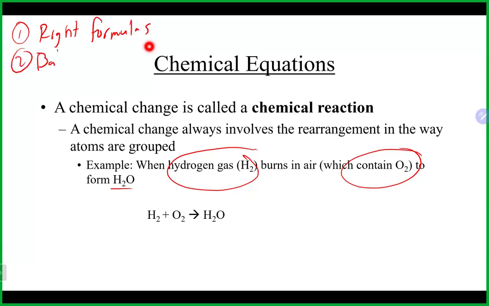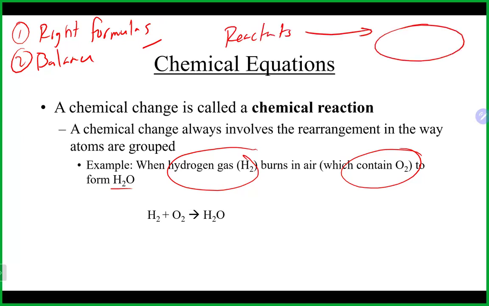What happens when people try to do both together is a lot of times they will get the wrong formula, and the equation will not balance. That oftentimes happens when you have your starting material, your reactants, and you're asked to predict what goes on the product side. People try to write formulas and balance the equation at the same time. And that's never a good idea because you will probably get things incorrect.